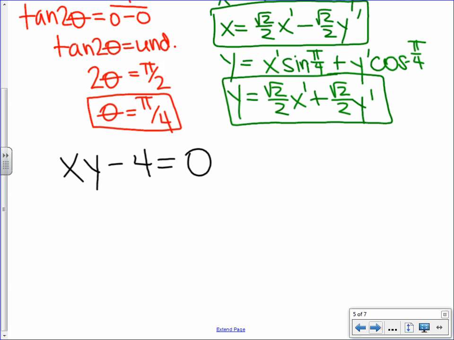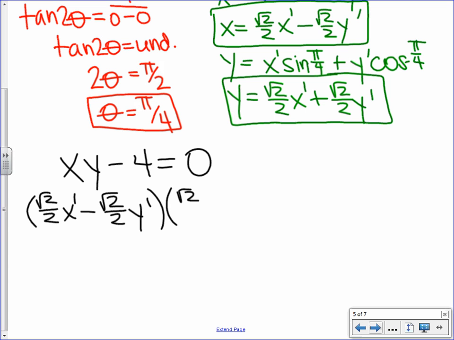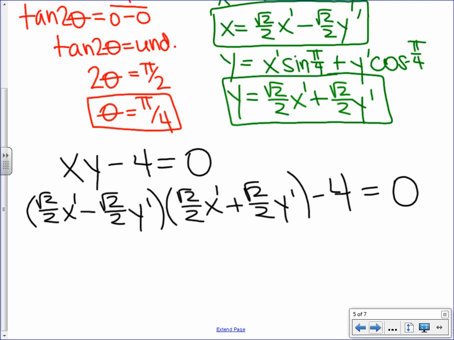So x we replace with radical 2 over 2 x prime minus radical 2 over 2 y prime, and our y becomes radical 2 over 2 x prime plus radical 2 over 2 y prime, minus 4 equals 0.